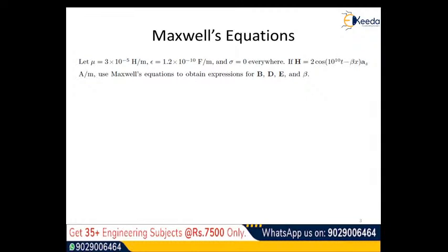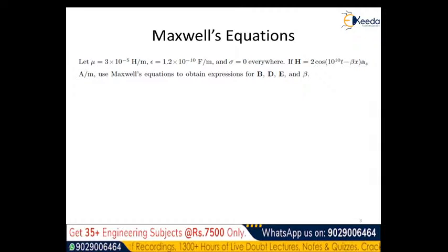If H is equal to 2 cos of (10 raised to the power 10 into t minus beta x), multiplied by a z, measured in ampere per meter, use Maxwell's equations to obtain expressions for capital B, capital D, capital E and beta. So this is the problem statement.